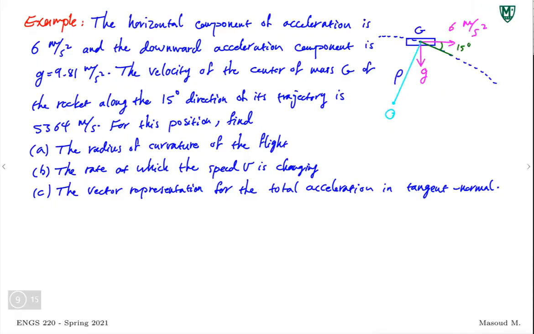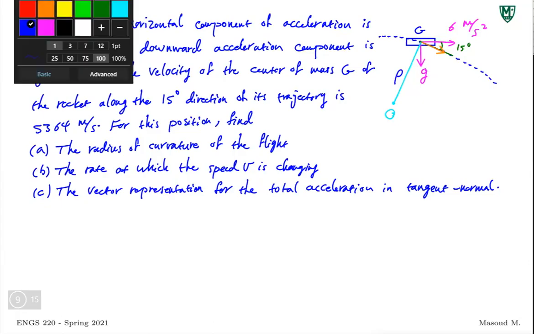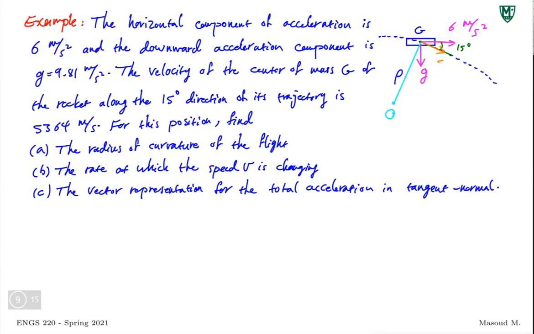You're told that this is 5,364. Let me not write it here. I'll just call this V, and I'll represent it here. This is V.